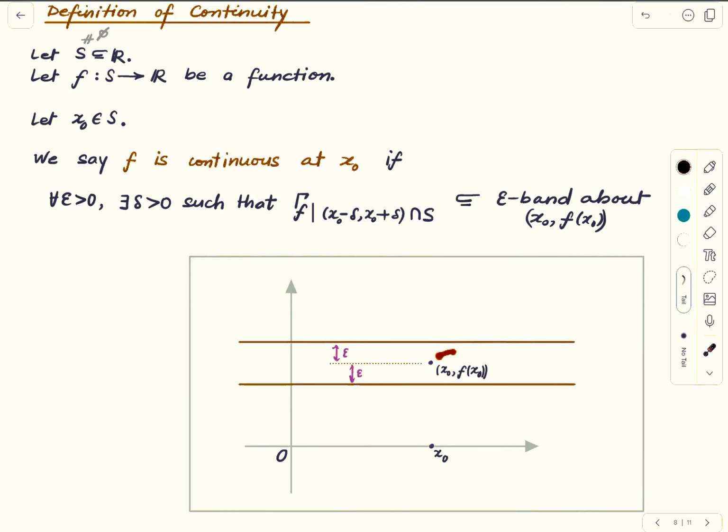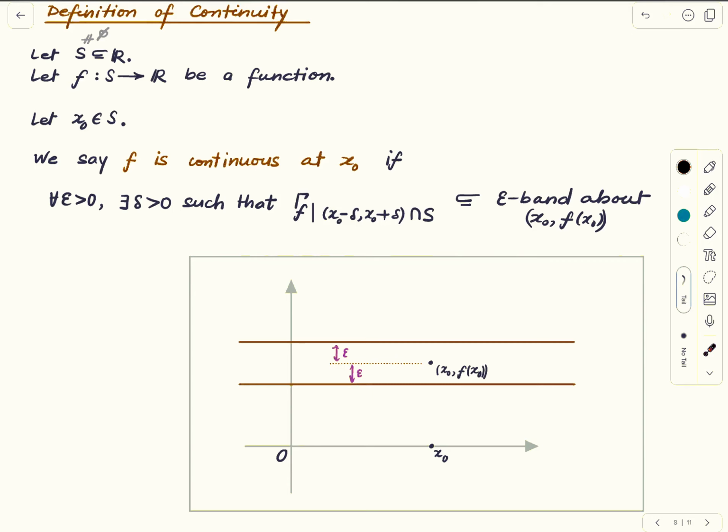It has to respect this epsilon band in a small enough delta neighborhood around the point x0. Okay, so that's very important. So that's the definition, and it may not be completely clear how this is capturing the intuition that we mentioned, but it will be clear in due time, and you should mull over it, discuss with friends, etc. As we go along, we will be able to understand things better and better.